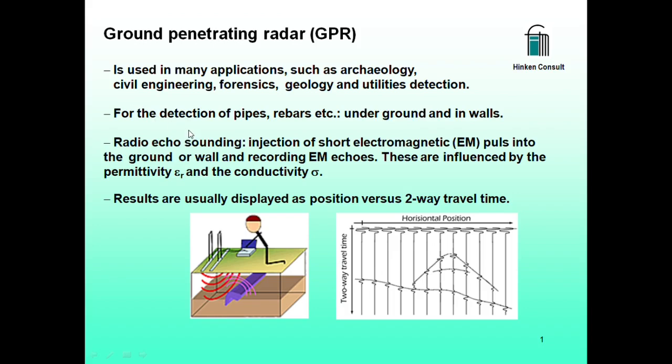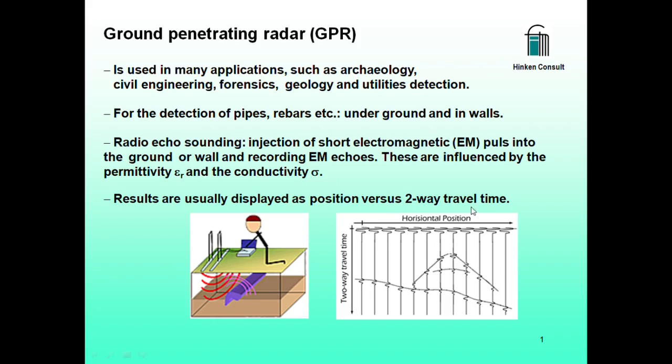And it is used for the detection of pipes, rebars, and so on, underground and in walls. The main principle is radio echo sounding. That is, a short electromagnetic pulse is injected into the ground and then the echoes are received.